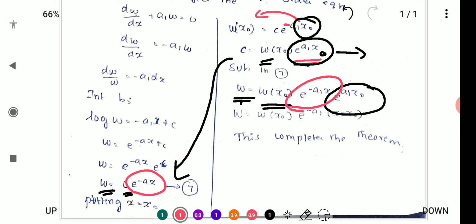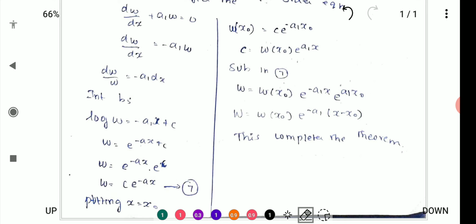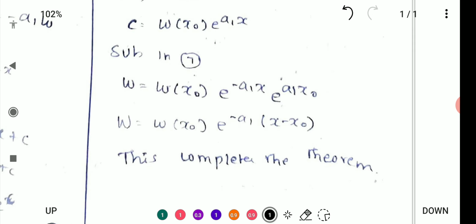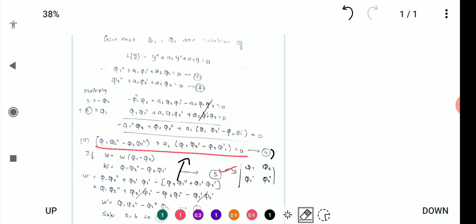Here e and e are common, so I am going to take minus a1 as a common term. So minus a1, then I will be getting x minus x naught. This completes the theorem, because this is the equation I need to get, right?